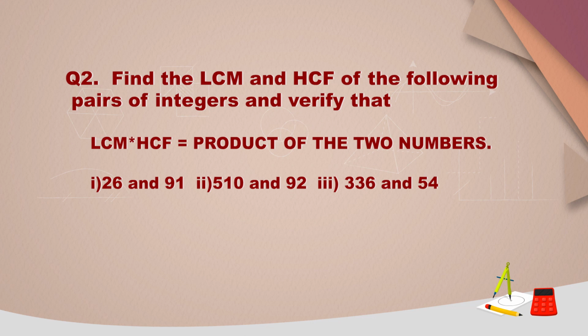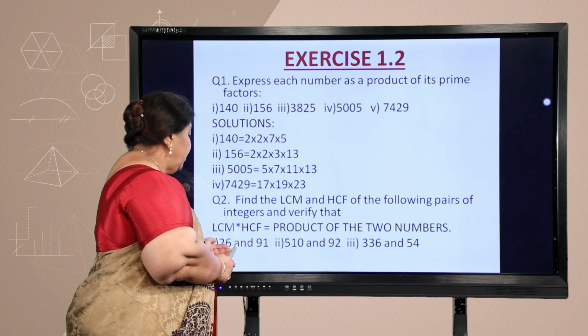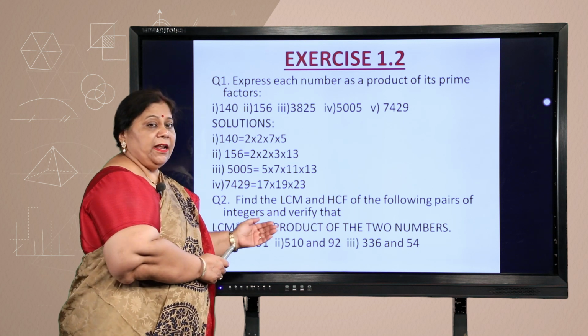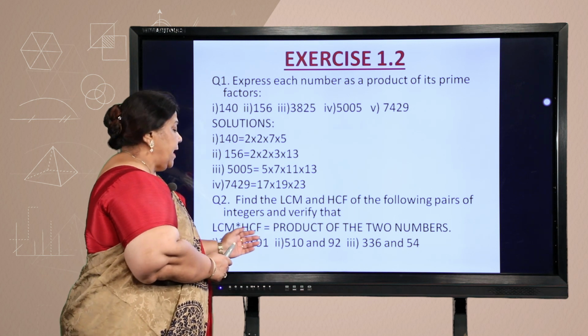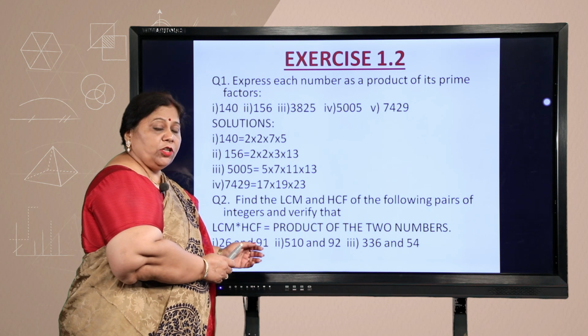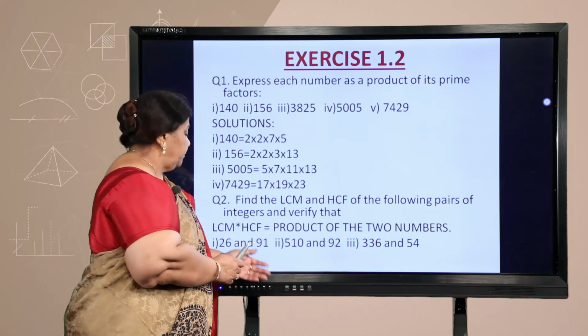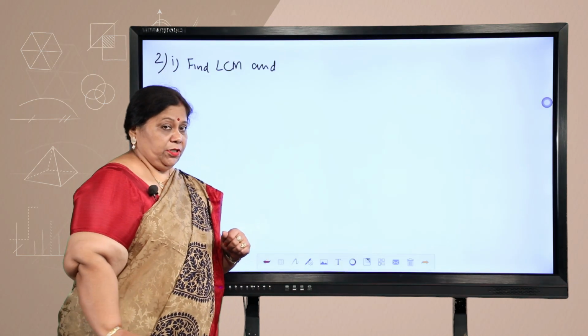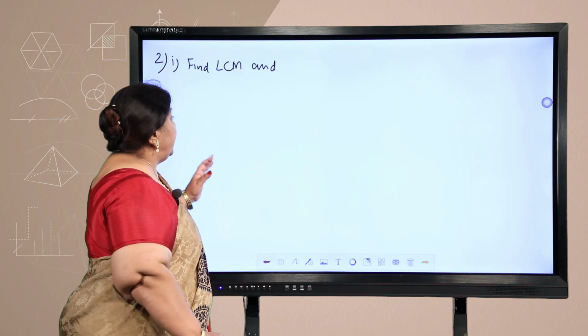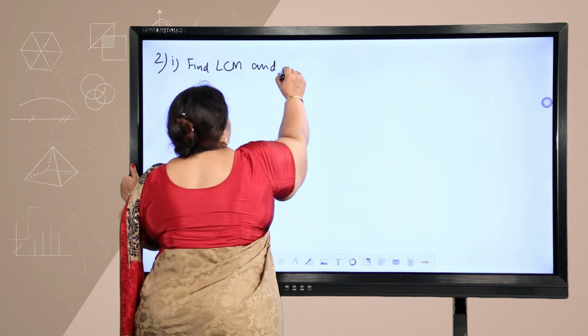Find the LCM and HCF of the following pairs of integers and also verify, this is an important result, that LCM into HCF is equal to the product of the 2 numbers. Let us do this. We will be finding the LCM and HCF of 26 and 91 and we will also verify this result.